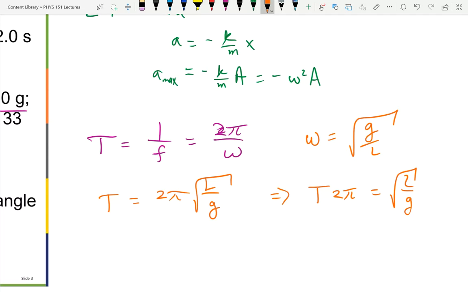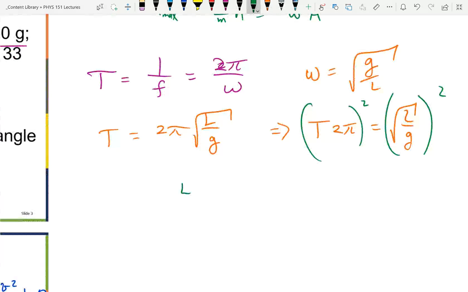Square both sides. And so I have L over g is equal to period squared over 2 squared times pi squared. L is equal to g period squared over 4 pi squared.